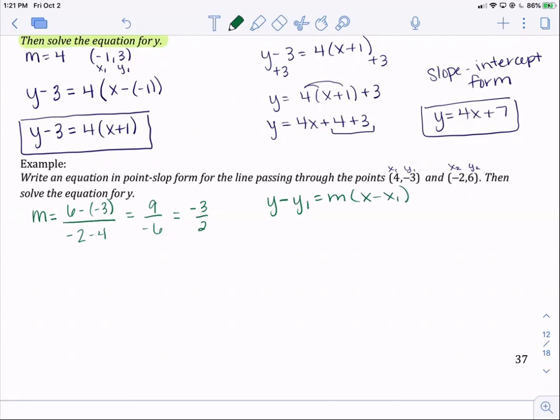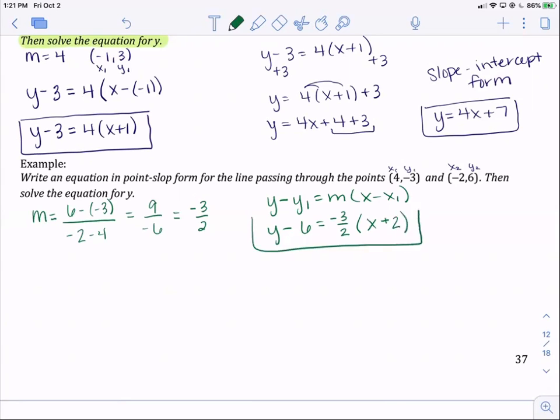So if we're using the second point, we have y minus what? What's the y value of the second point? 6 equals the slope we found times the quantity x minus -2, or switch it to be +2.